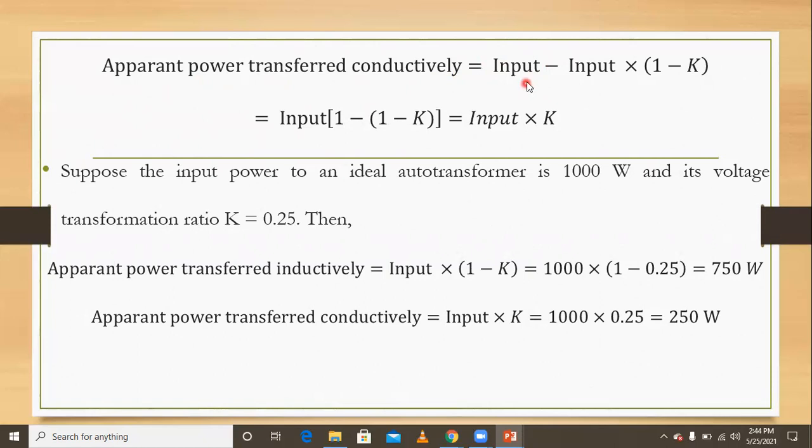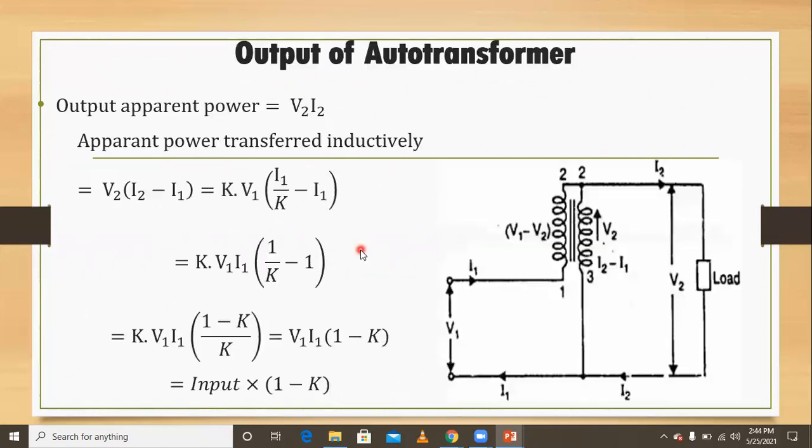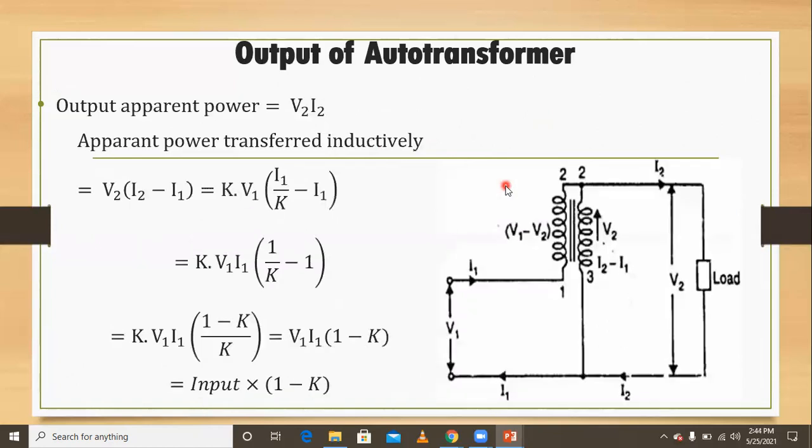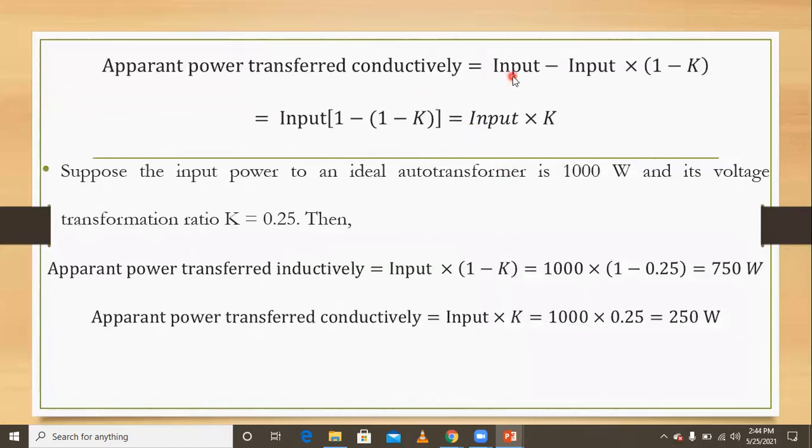That is input minus input into 1 minus K. Then input into 1 minus of 1 minus K is equal to input into K. So the apparent power transfer conductively is equal to input into K, the transformation ratio.